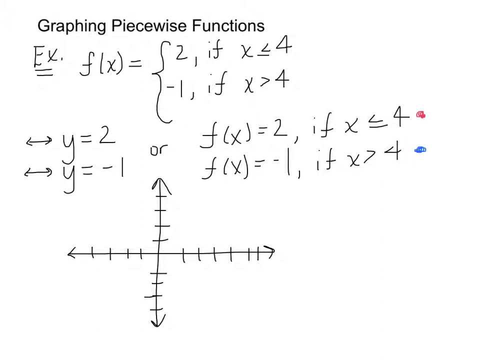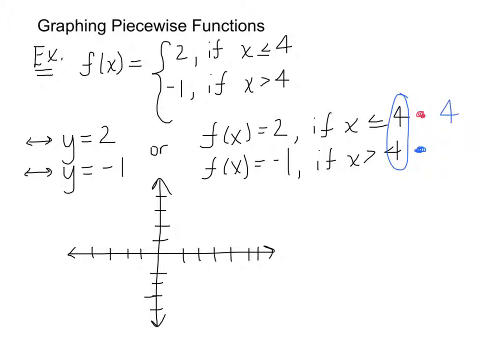Okay, now in the first examples, they gave us x values to plug in. Well, now we get to choose. It's a good practice that you always start off with these numbers right here. So for my first one, I'm going to use x as 4.